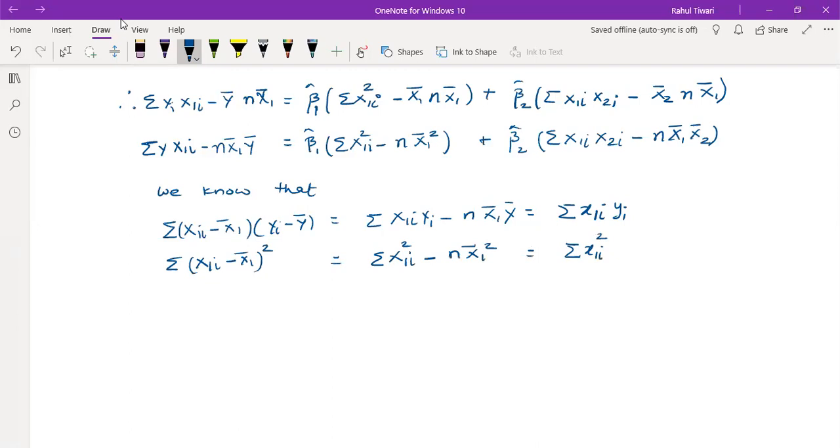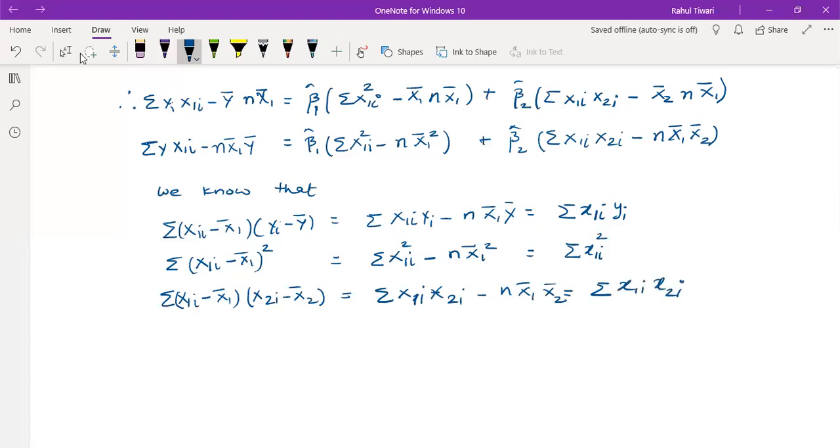And summation x1i minus x1 bar, x2i minus x2 bar is equal to summation x1i x2i minus n into x1 bar into x2 bar. This is again equal to summation x1i x2i. So I hope you are clear with these expressions.